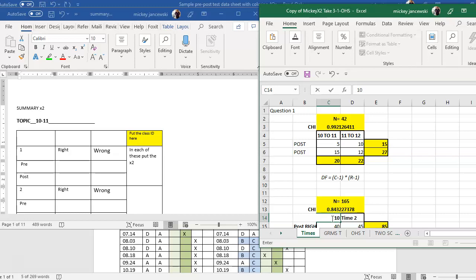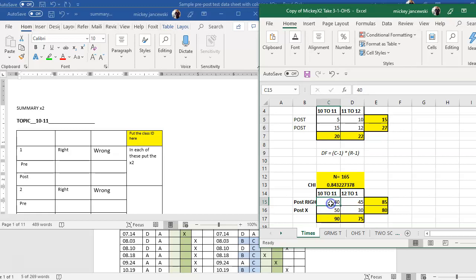Sorry about that. I thought I could do that. And this would be 12 to 1. You would then put the 10 to 11, 5 and 15. And then over here, you would put the number right for the 12 to 1 group, and let's say it was 2 and 10.